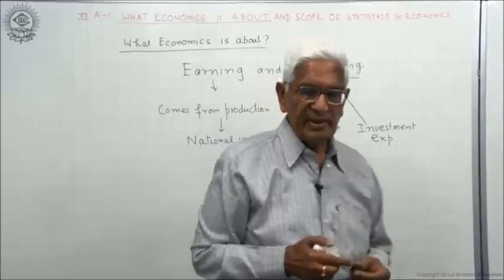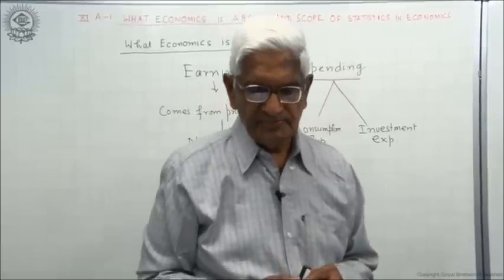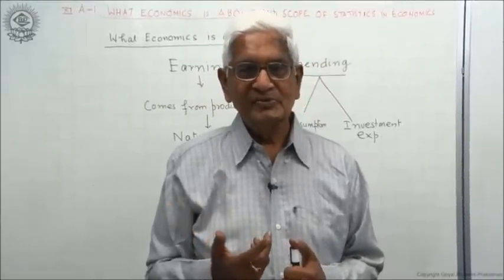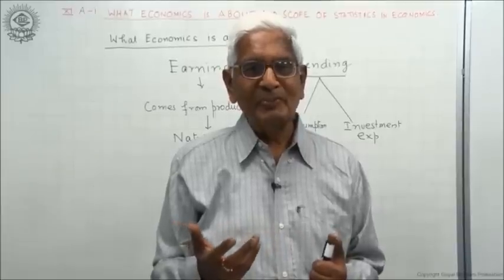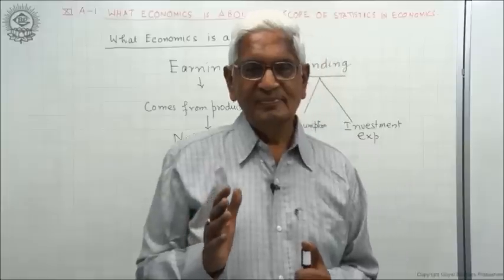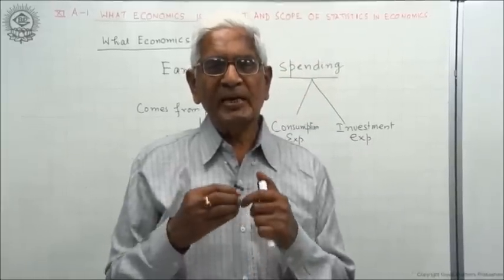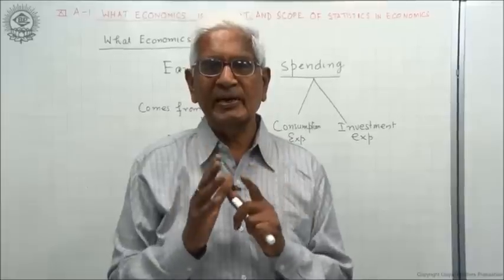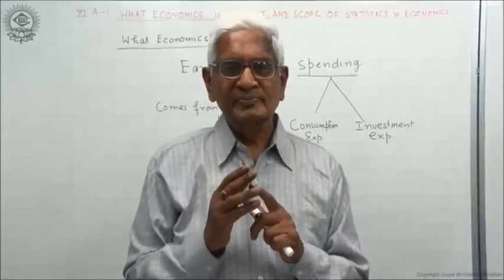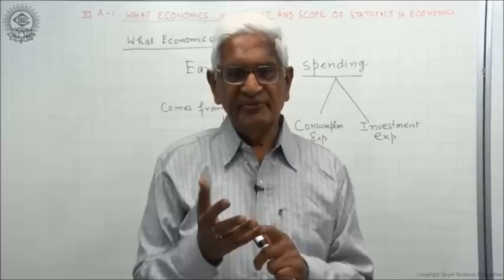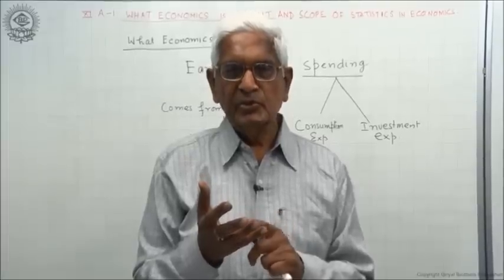We call it investment expenditure. And note that this is what people do throughout their life. You may be earning in any form. आप किसी भी फॉर्म में अर्न कर रहे हो. You earn, you save, you spend.